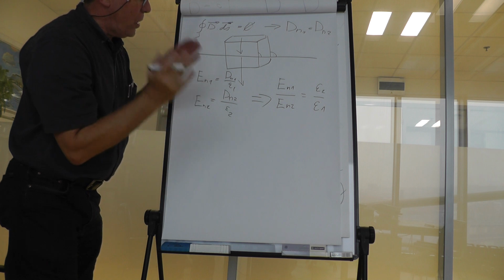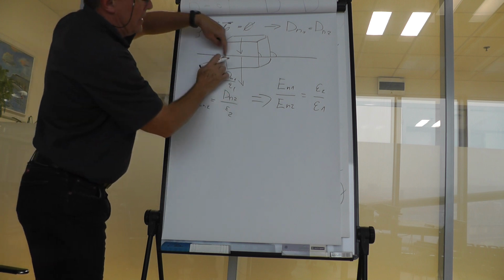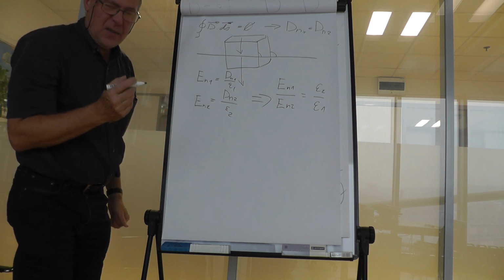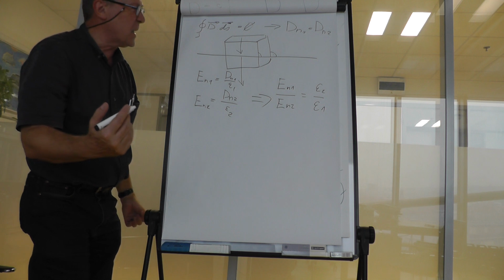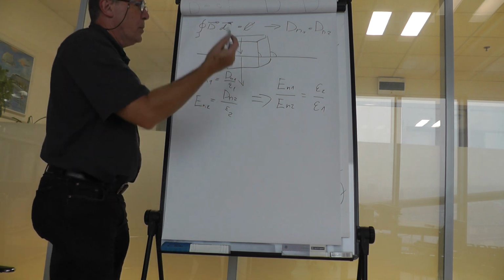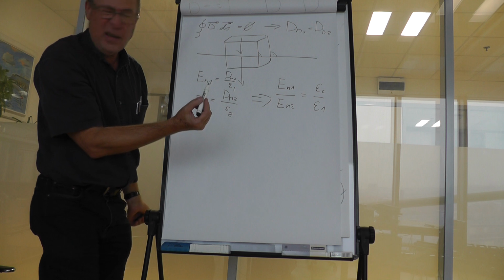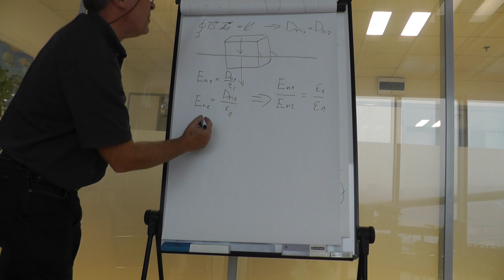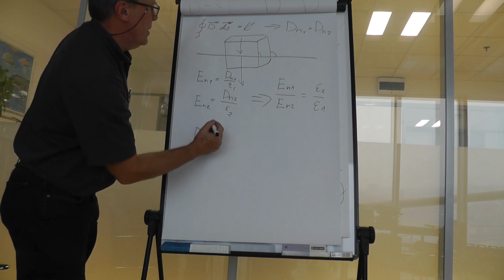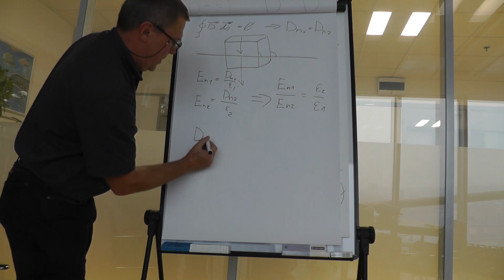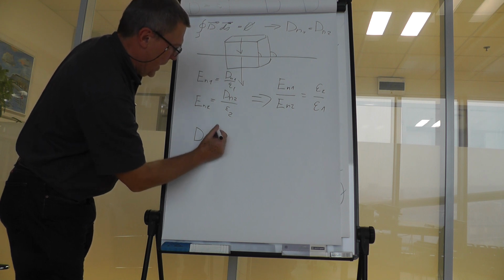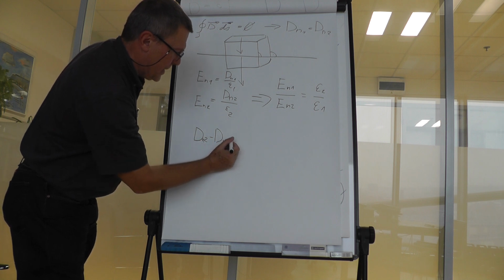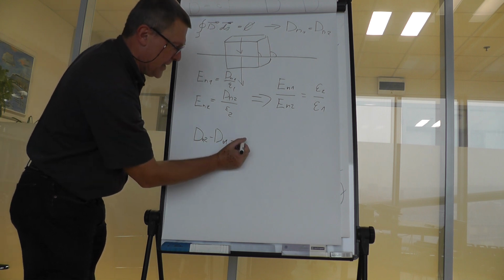So let's say we have a homogeneous case and that the box is just 1 meter by 1 meter by 1 meter, for example, so then the charge would be equivalent to the charge density, and we would get that D2 minus D1, both normal components, is equivalent to the charge inside.